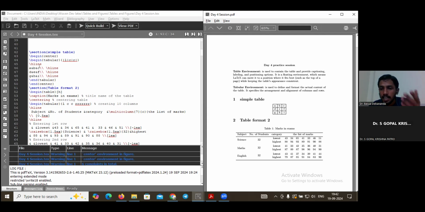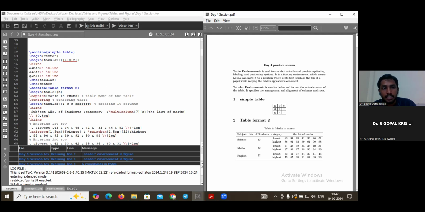I need the next row, that's why I have used double backslash. Again I have written \hline, so I will get this horizontal line. Now again D E F, double backslash for the next row, and \hline will give this horizontal line.